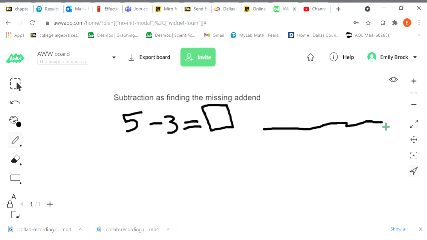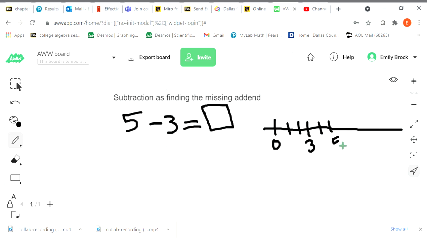Now this might be easier to model on a number line if I can draw a straight one. So let's see. 0, 1, 2, 3. There's 3. 4, 5.